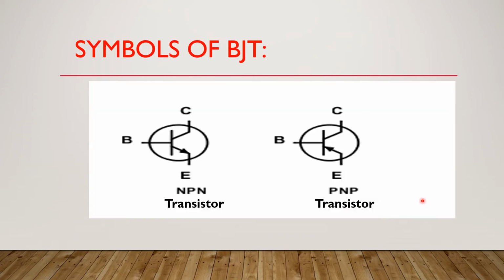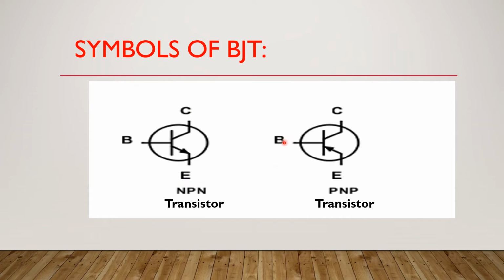Now we will see the symbols of BJT. So first symbol is for NPN transistor and second symbol for PNP transistor. As we know, BJT is a three-terminal device, B for base, C for collector and E for emitter.